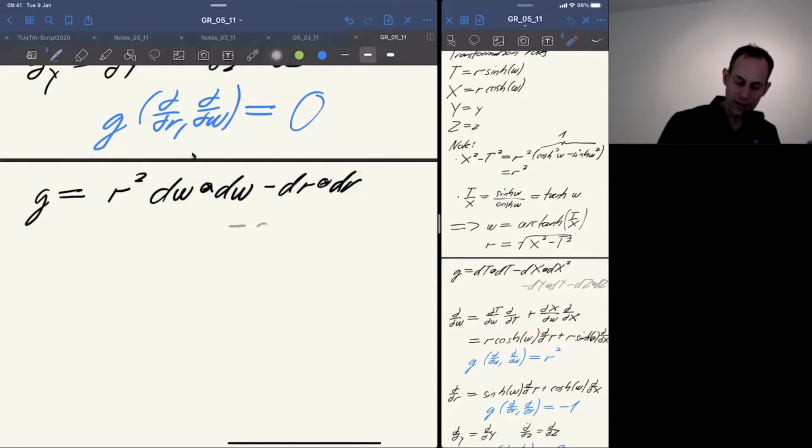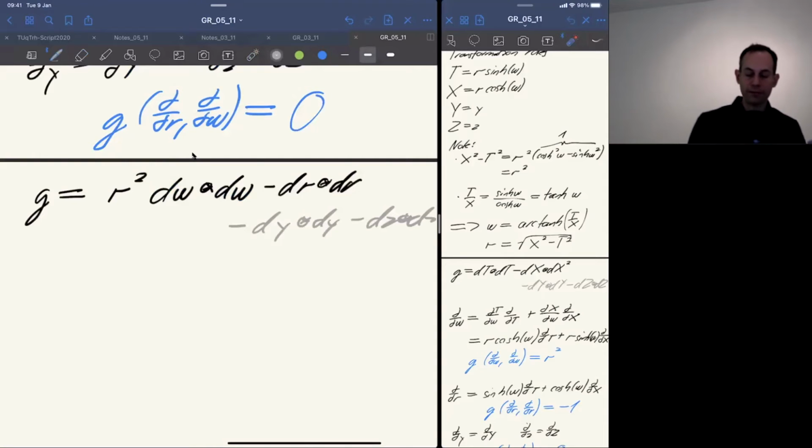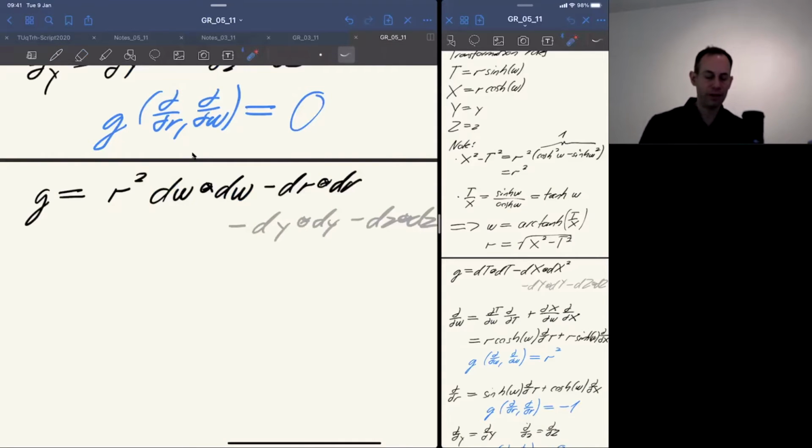We would still have dy and dz. Okay, so in other words, in this metric, in the Rindler metric, we have this additional factor here. And so you see, or omega, this should be an omega.